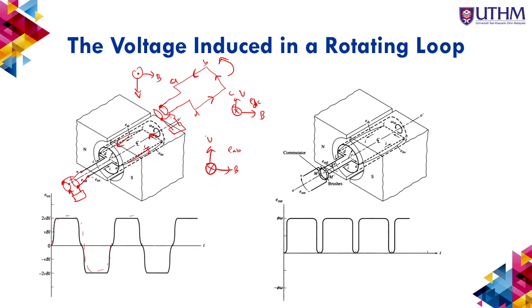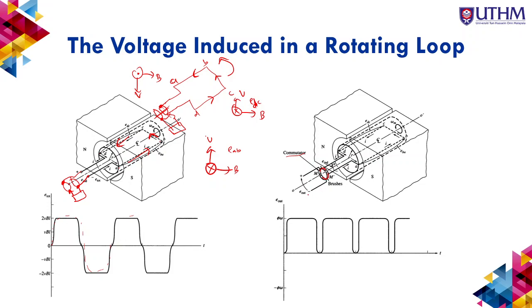So in order to do that, we need to split this one. Sometimes this one will connect to here, sometimes it will connect to there; they will change. For that we use a split ring, or the other name is a commutator. Over here you can see when the rotor rotates, it connects to this point first, and when it rotates further, they split and then connect to this commutator.